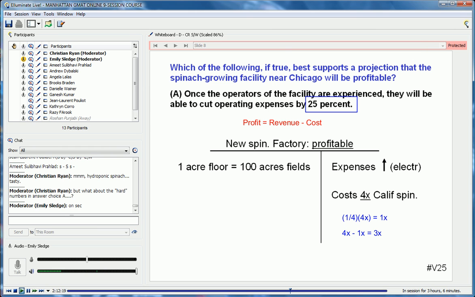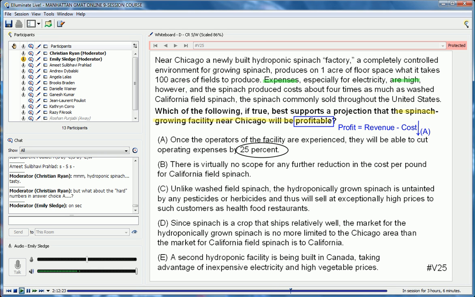Let me hop back. You were about to talk about C, Catherine, and tell us why you thought that was more of a strengthener. So since profit is revenue less expenses, I think the key with C is that it states that you can sell it at an exceptionally high price to such customers as health food restaurants.